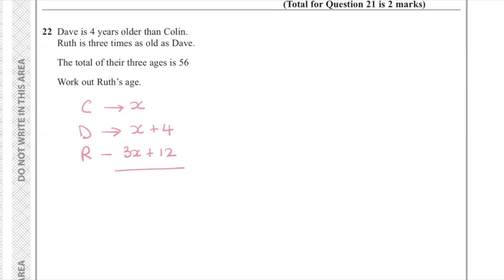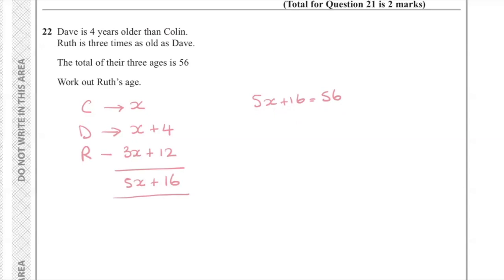When I add them, I get the total of their 3 ages in algebra. I can set that to equal the 56 they've given me. So what I've got here basically is the algebra version of their age and the numerical version of their age, and they have to be the same thing, hence the reason that I can create my equation.